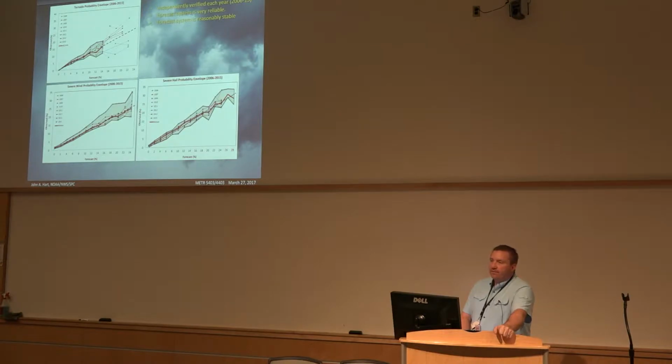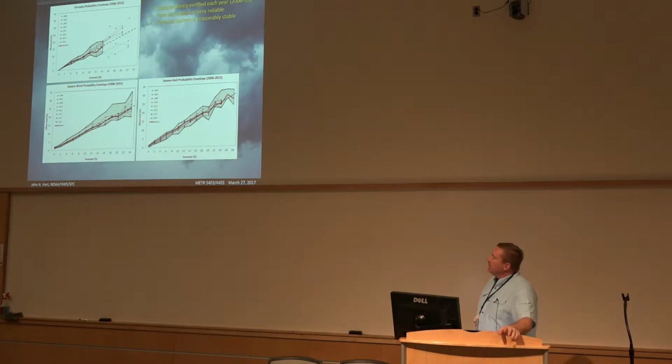Here's how it verifies. It's remarkably reliable on a year-to-year basis. So I independently verified each year from 2006 to 2015 by subtracting that one out of the learning database and then using that 1 year to see how it does. And so the green area is the envelope. Any line that's right up against the diagonal dashed line is reliable.